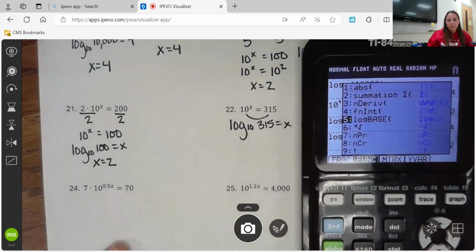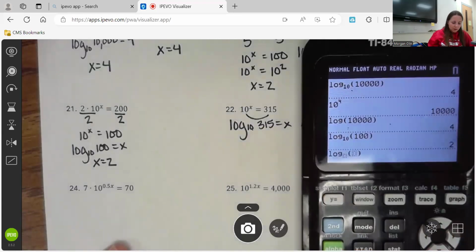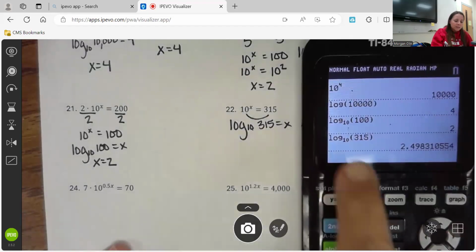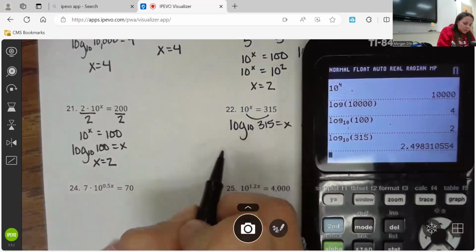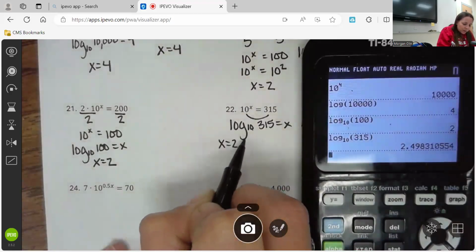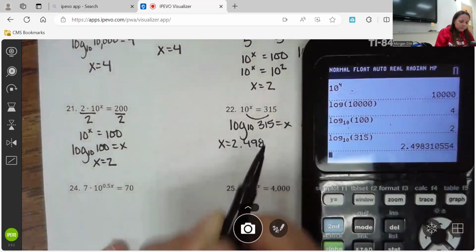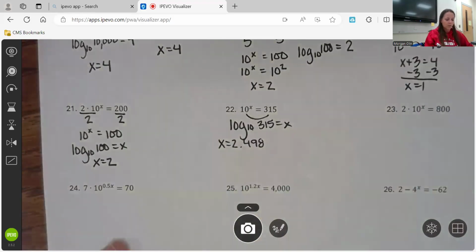I'm just going to stick with this one for right now. Log base, I'm going to put 10 in, and then I'm going to put 315. Because the base is 10, I can use that log button if I want, but to be on the safe side, why don't you just use the other thing the same all the time? And here, I'm going to round it to 3 decimal places. 2.498. So x equals 2.498.